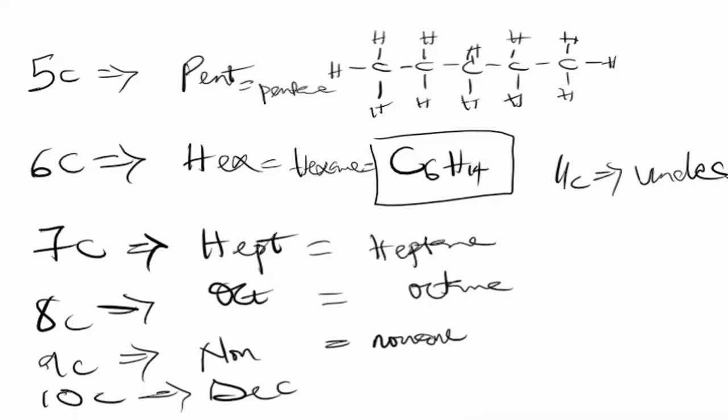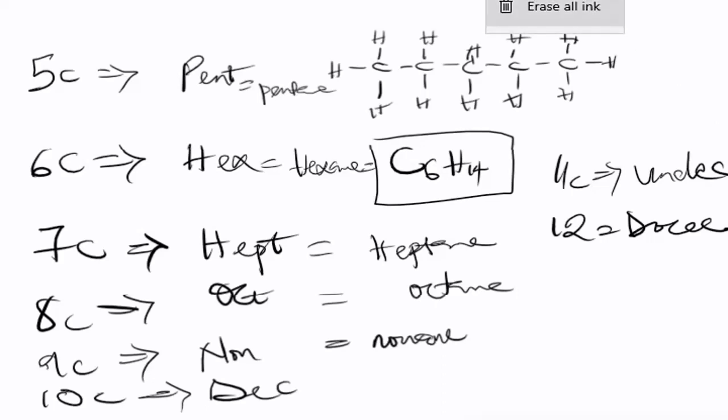I can have 12 carbons, which is dodec. So this is how you basically add prefixes to your naming of your compounds, depending on how many carbons you have within. Alright, so let's wipe this and go ahead with the next.